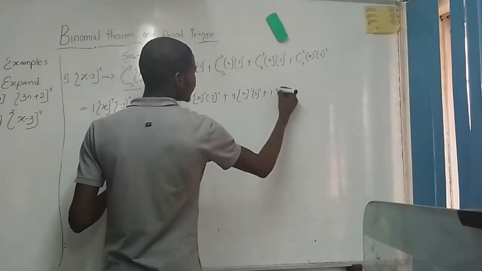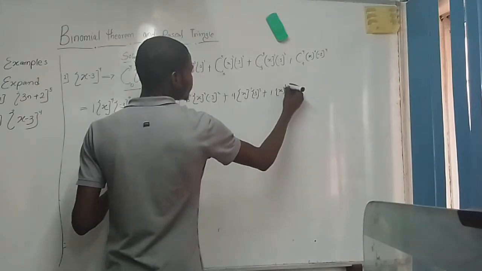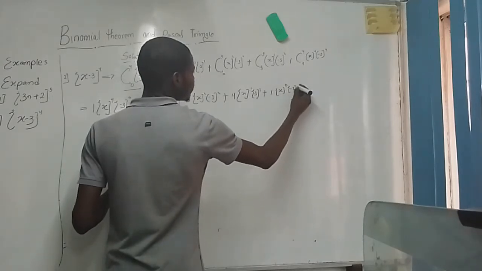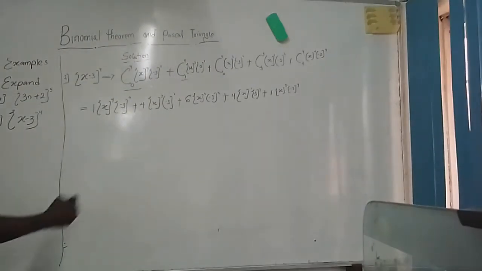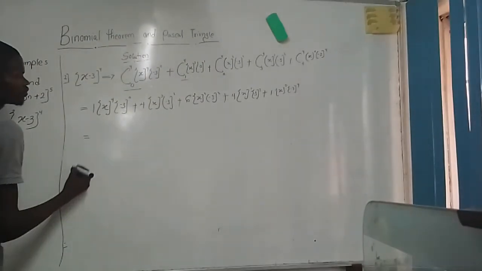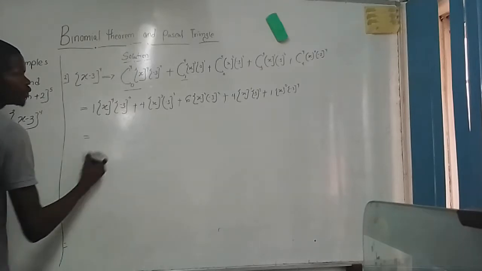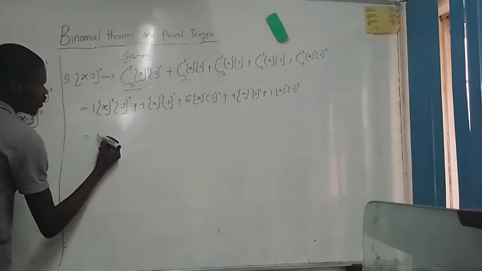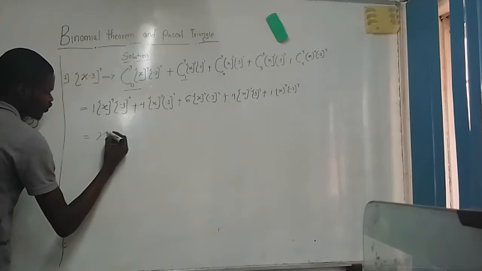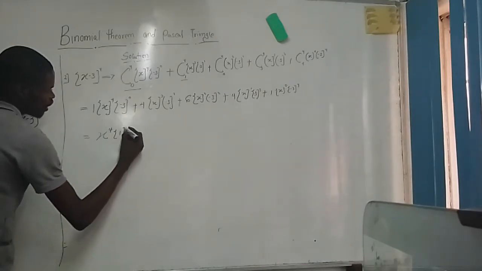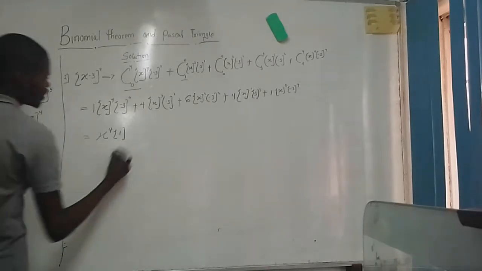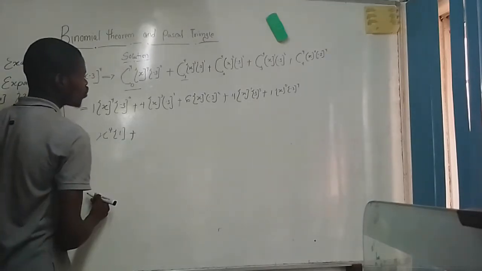Then x raised to power 0, then minus 3 raised to power 4. Do we understand? So we are going to have x raised to power 4, this is going to give you x raised to power what? 4. Then this will give you times what? 1. Anything raised to power 0 is what? 1. You are going to have plus.